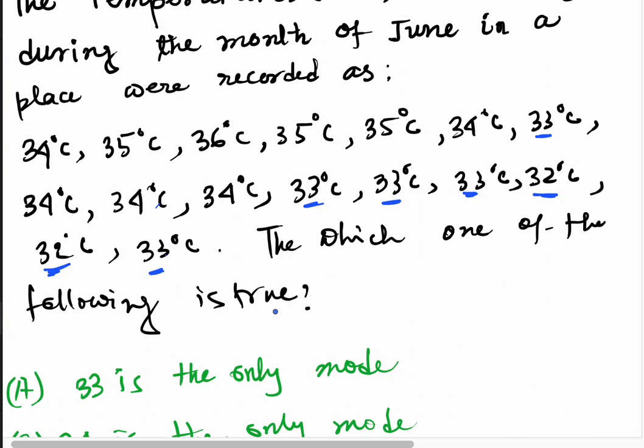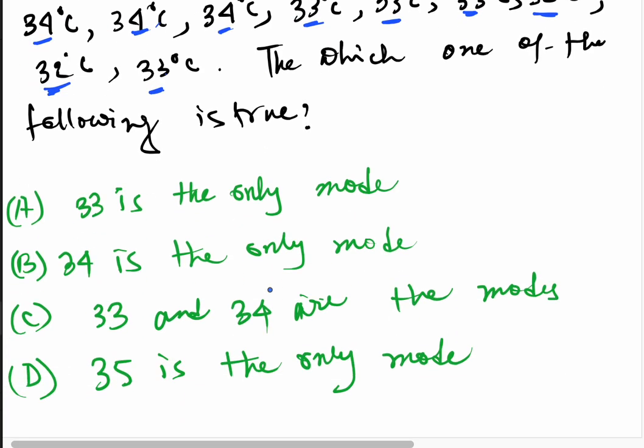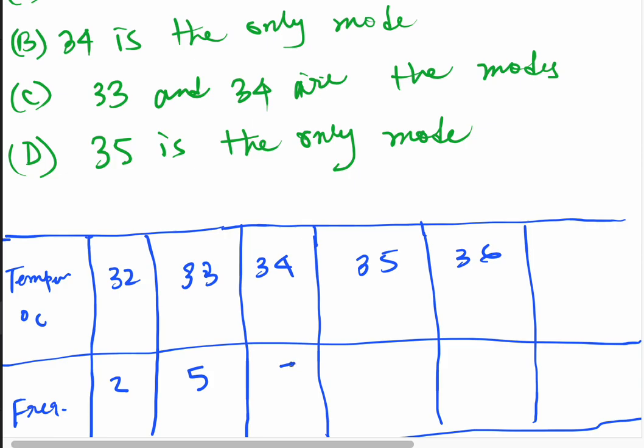Now let's see 34. How many 34s? 1, 2, 3, 4. I think I missed one, so 1, 2, 3, 4, 5, there are 5 34s.